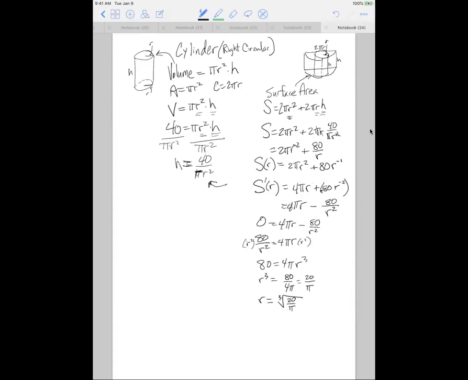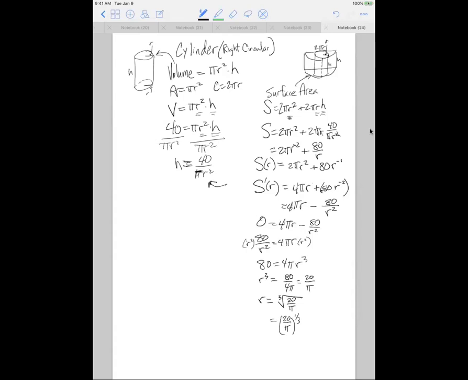Do that on the calculator real quickly. I do 20 over pi, and I get 6.36. Then I take the cube root of that. For simplicity's sake, I'm going to raise this to the fractional exponent that the cube root is indicating, which is the 1/3 power: 20 over pi to the 1/3.